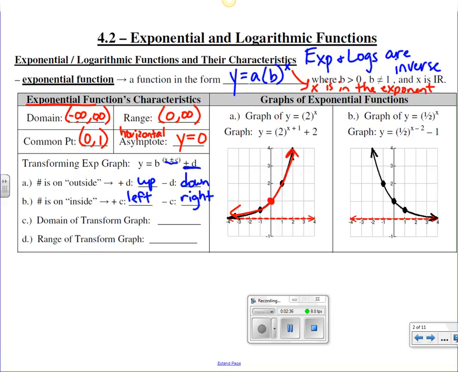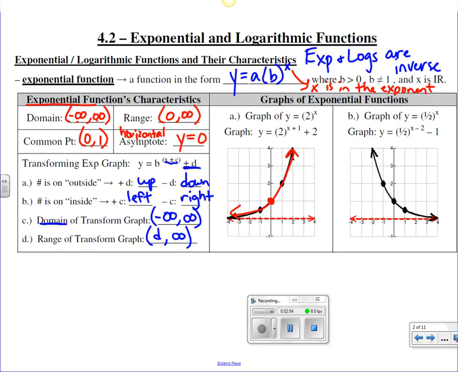So the domain, after you transform it, is still negative infinity to infinity. The domain of an exponential will always be negative infinity to infinity. But the range changes. So whatever number you're adding or subtracting becomes your new range.